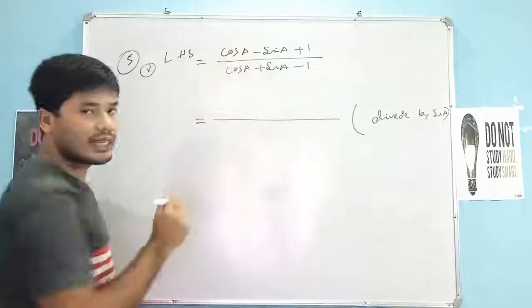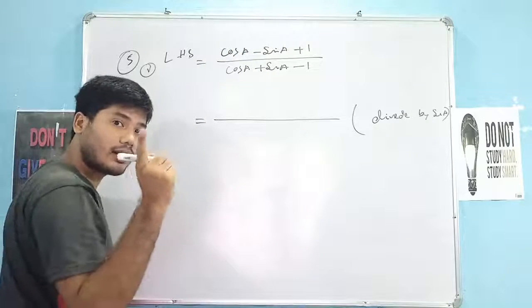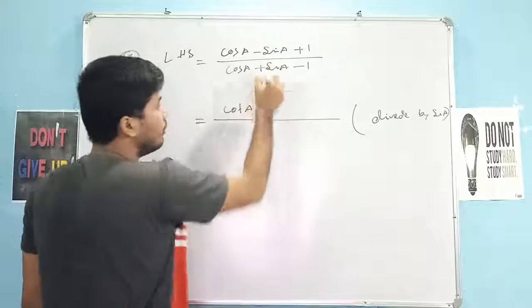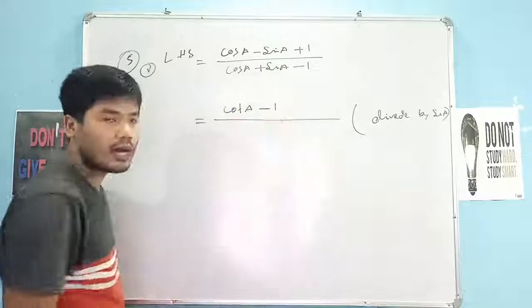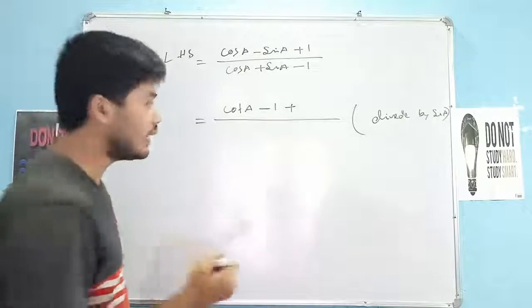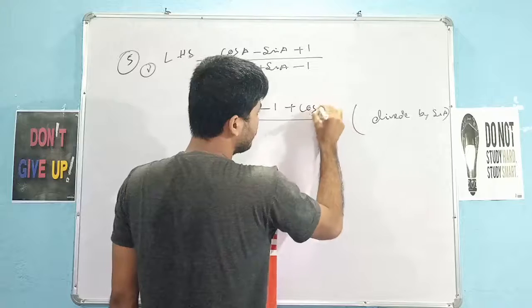So cos a by sin a is what? Cos a by sin a is cot a. Cot a minus sin a by sin a is 1, plus 1 by sin a. 1 by sin a is cosec a.